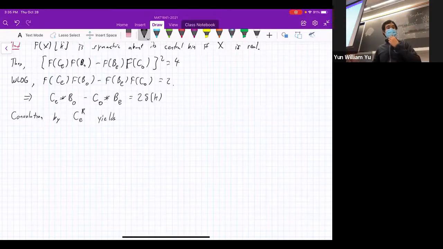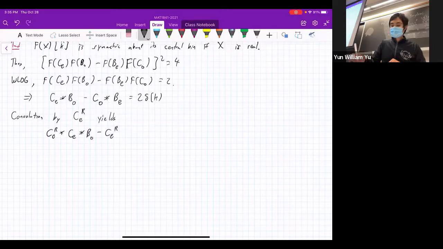What we end up with is CE reversed convolution with CE, convolution with BO, minus CE reversed convolution with CO, convolution with BE is equal to 2 times CE reversed convolution with the delta function, right?